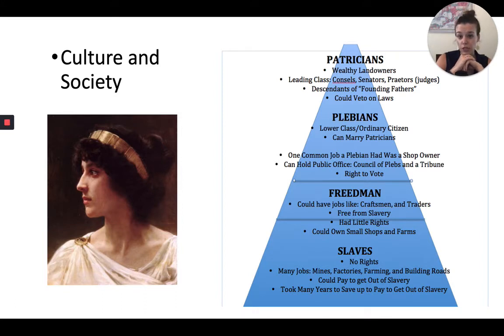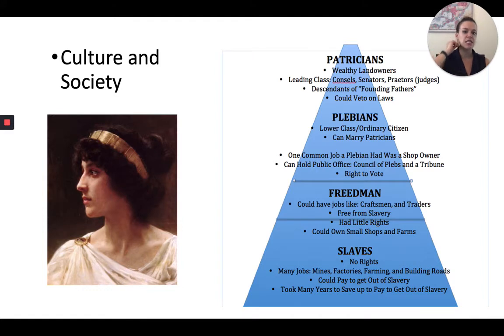In return, the clients would support the political careers and economic interests of their patron. Right? So it's someone wealthy and powerful looking out for the little guy, and in return, the little guy makes sure to keep that person in power in whatever way it might be, political or economic power.